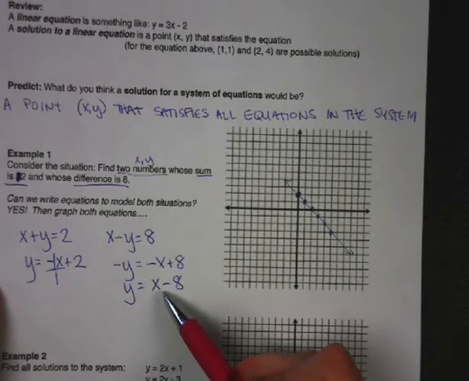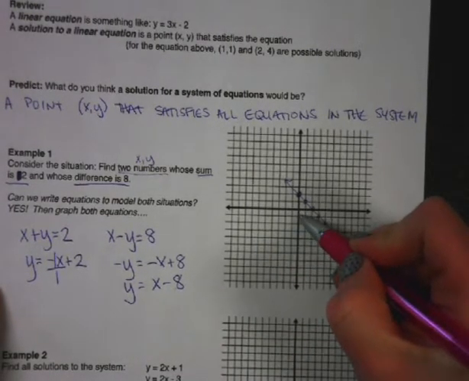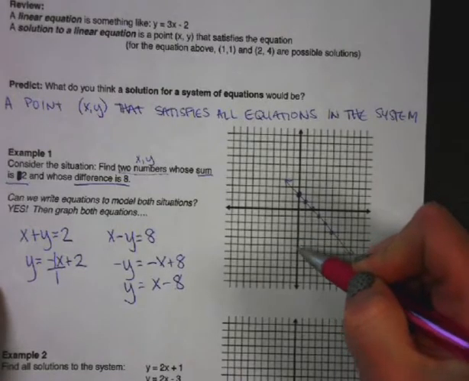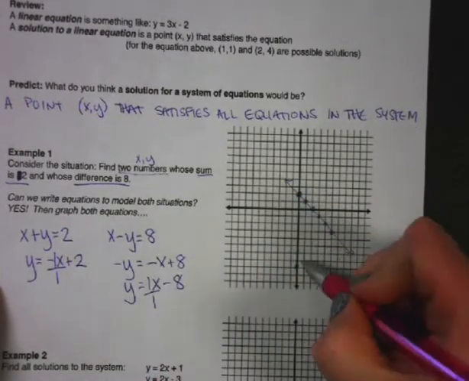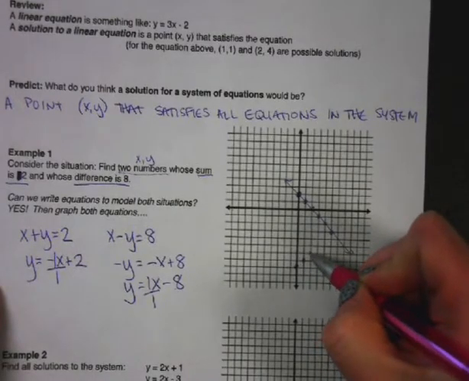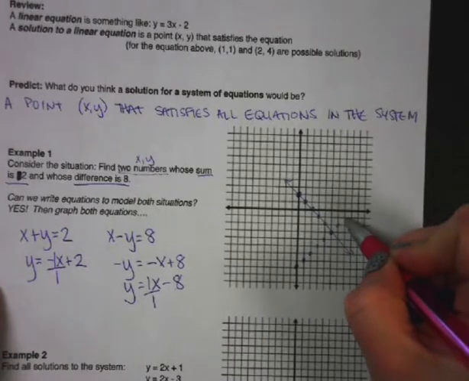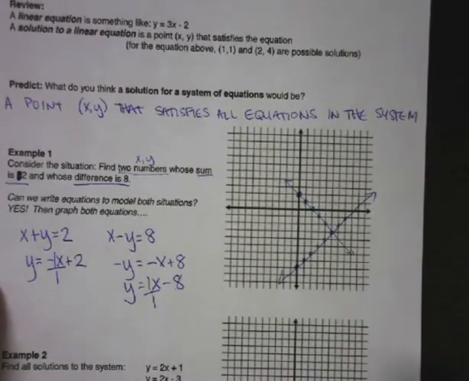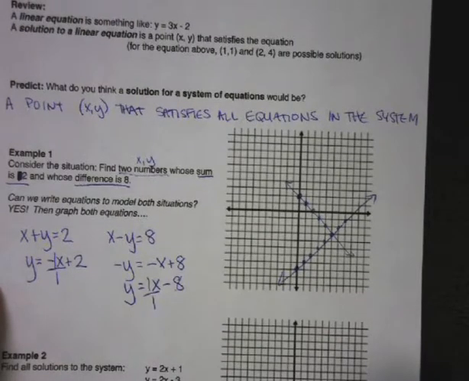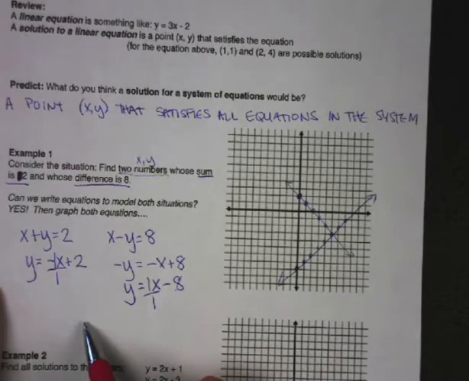And then here, the intercept is -8, and my slope is up 1 over 1. Okay? And we're trying to find what two numbers it would be.